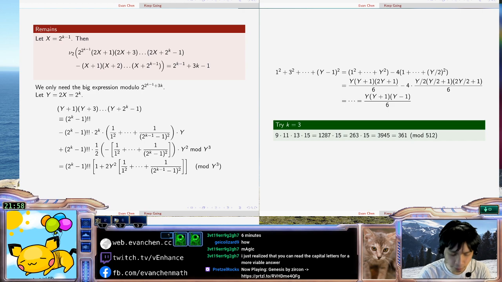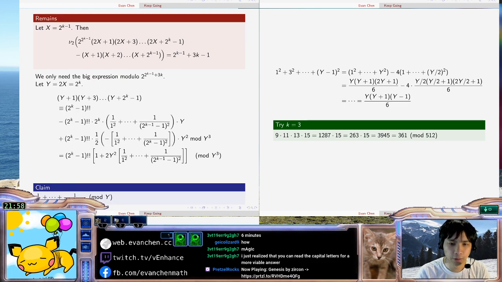So the implicit claim is that 1 over y1 squared plus all the way, let's say up to 2 to the k minus 1 squared is like something something mod y. And when you do this, you can actually take the inverses, I think, because you get inverses mod y.